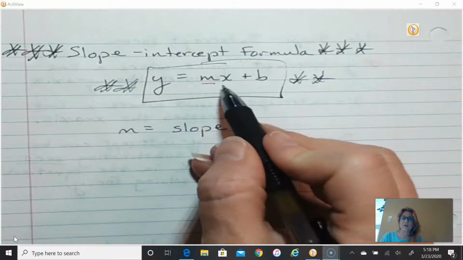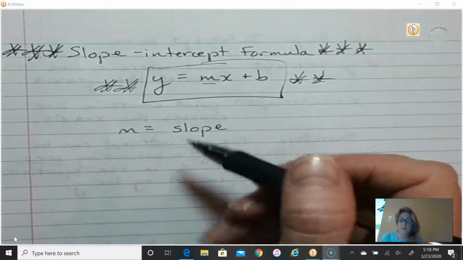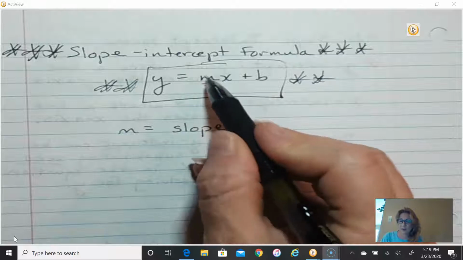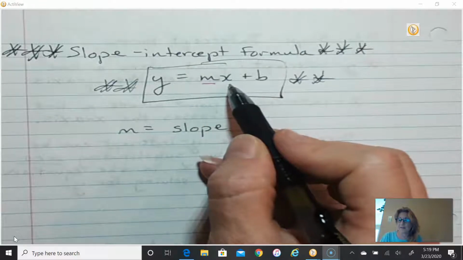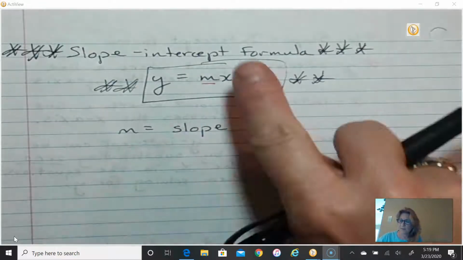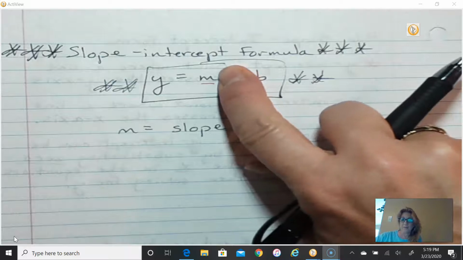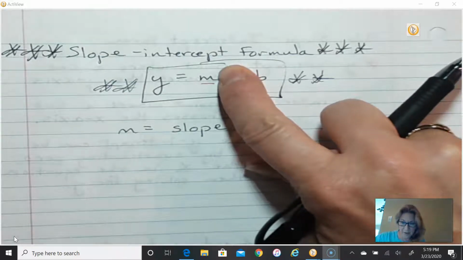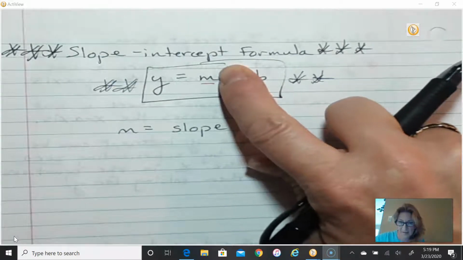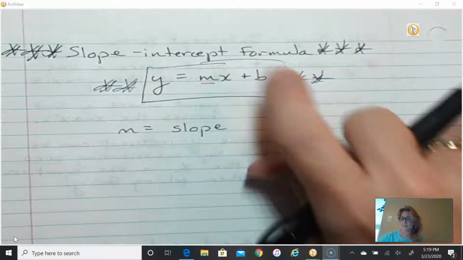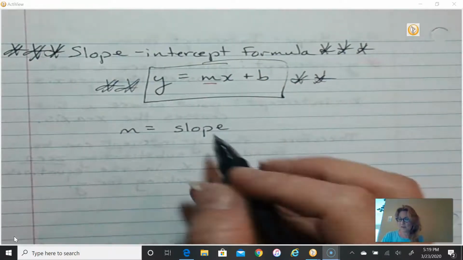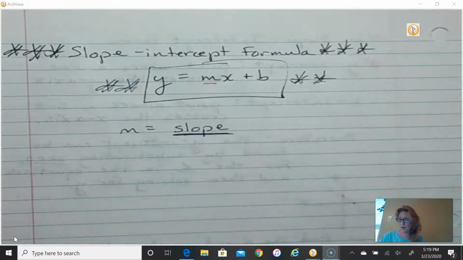I still have Algebra 1 students that when I say, what is the slope? They'll tell me whatever's here, and they'll include the x. No, no, no. It is just the m. Just the m. So slope is your m.